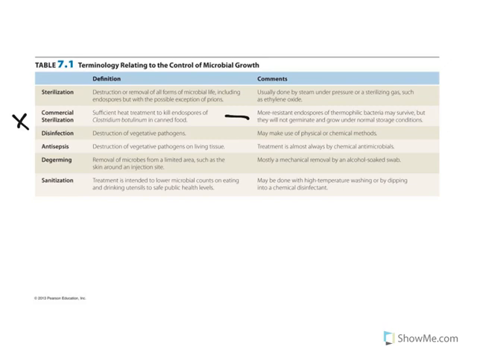But notice what it says here: they will not germinate and grow under normal storage conditions. So the best way to keep your canned goods safe is to keep them stored in a cool container. A thermophilic spore will survive commercial sterilization, but unless you let it sit at too high of a temperature, they won't germinate or cause any problems. So don't let your canned goods get too warm. Don't let them sit somewhere where it's really hot. Okay, that's commercial sterilization, which is not sterilization.